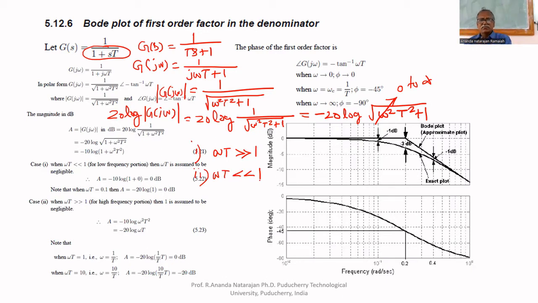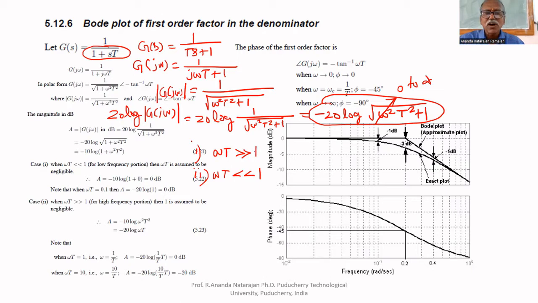We are separating this into two categories. For this equation, we have to draw the Bode plot by varying omega from 0 to infinity.